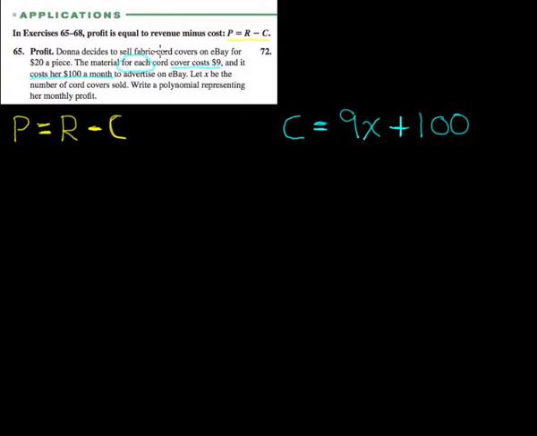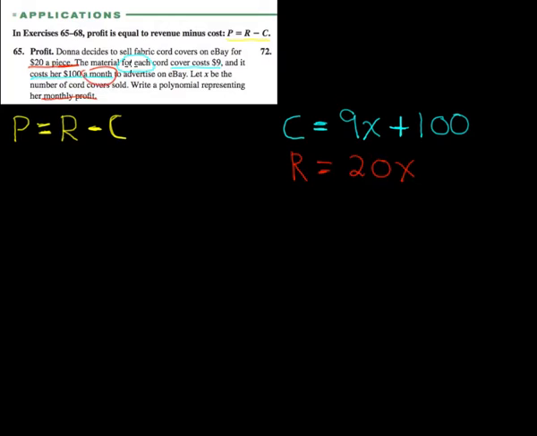Her revenue or income is just these sales from eBay, $20 a piece. So R equals 20X.